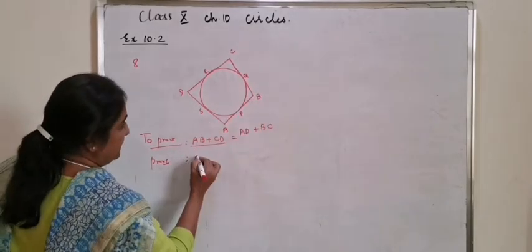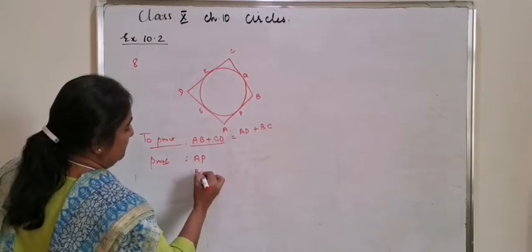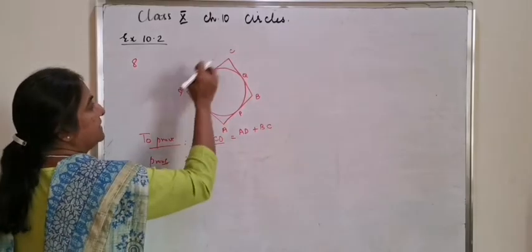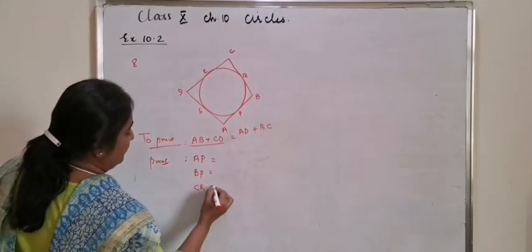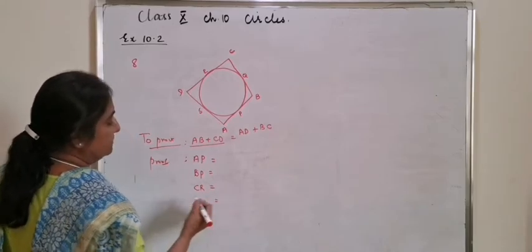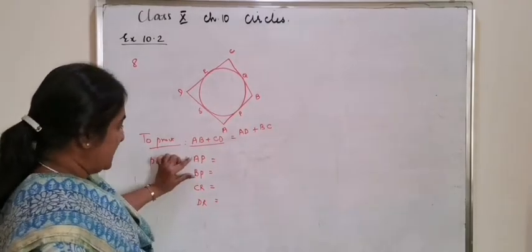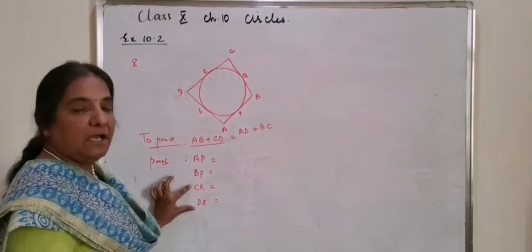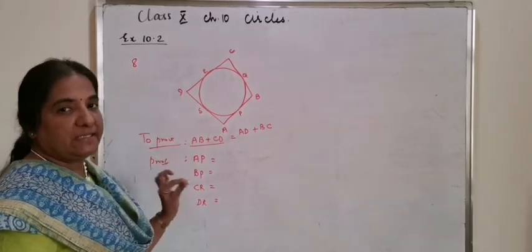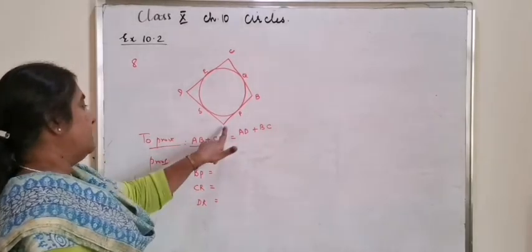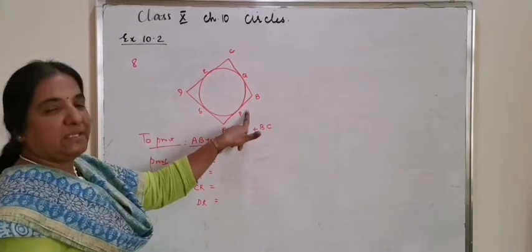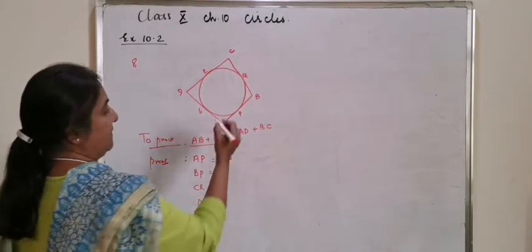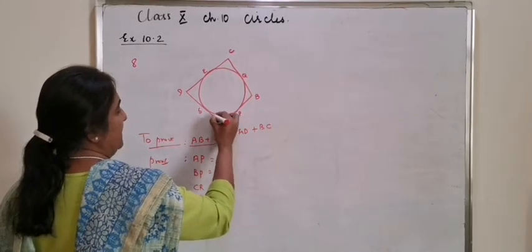AB can be written as AP and BP. Similarly, CD can be written as CR and DR. That is, AB is the same as AP plus BP and CD is the same as CR plus DR. Taking tangents from the external point A, AP is equal to AS.